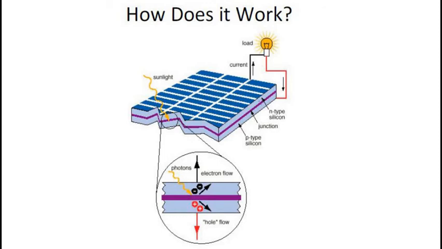So the free electrons will come to the N layer, and holes will come to the P layer. So this is the depletion region, this is free electrons, and this is the holes. And now due to this depletion layer, these electrons cannot cross this depletion region, and these holes cannot cross this depletion region.